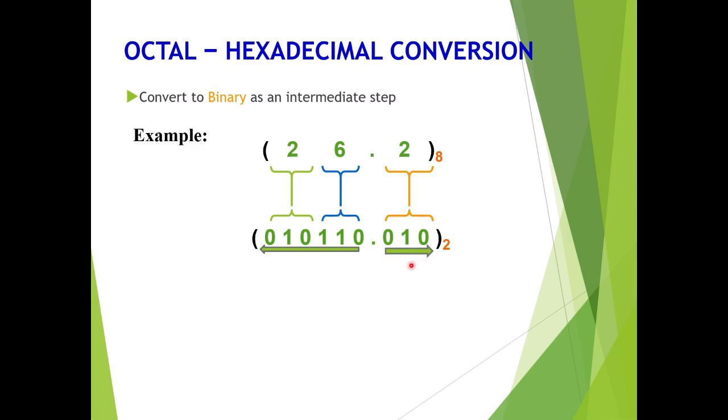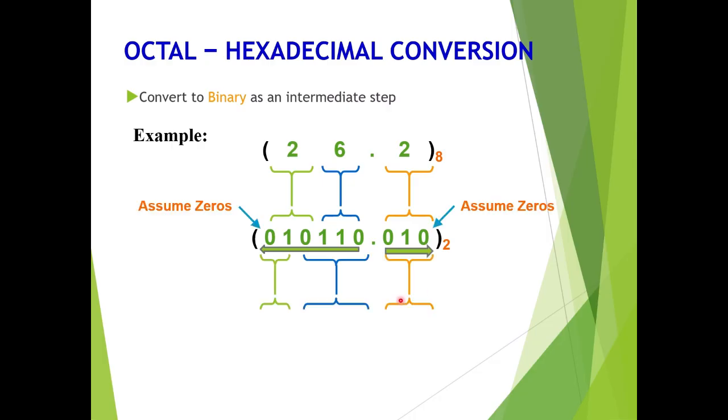Now we have to convert into hexadecimal. For that we have to group by 4. So this 0110 is one group. Then 01 means we have to assume 2 zeros, so 0001. Here 10 we have to assume 2 zeros, so 0100. So 0110 is 6.